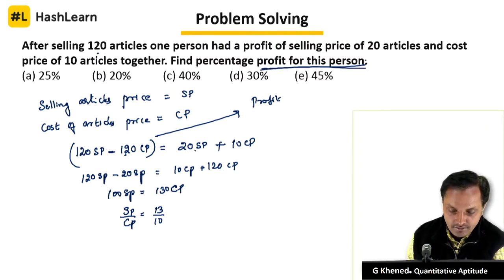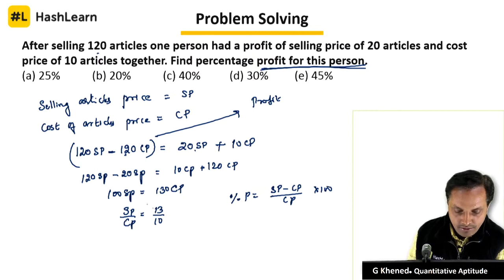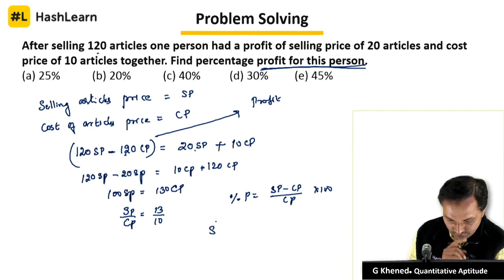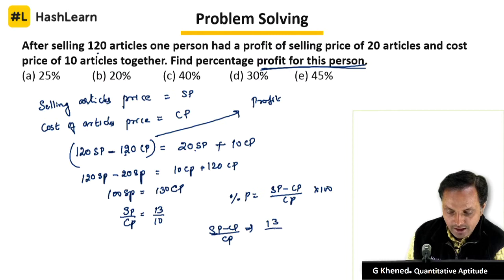You know the formula: selling price minus cost price by cost price into 100. So 13 by 10 minus 1 will be equal to 3 by 10 into 100.